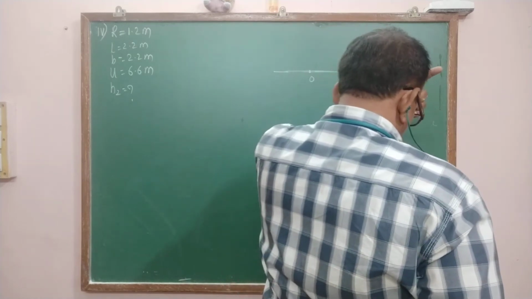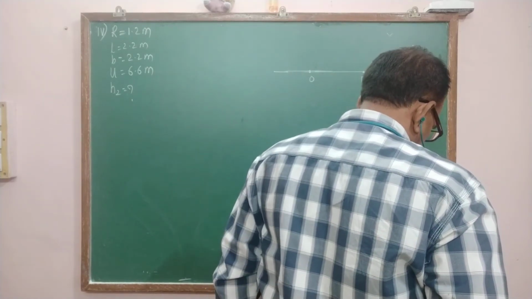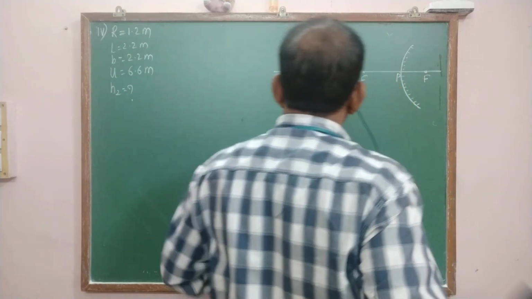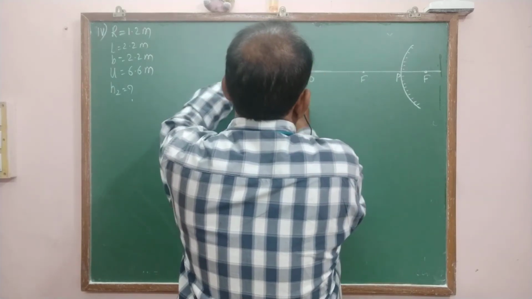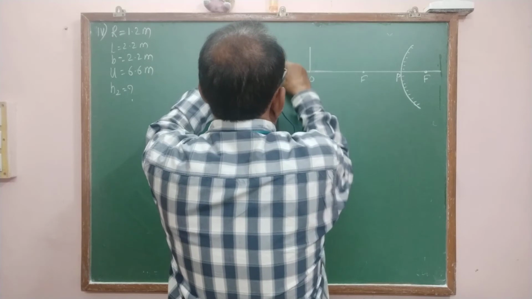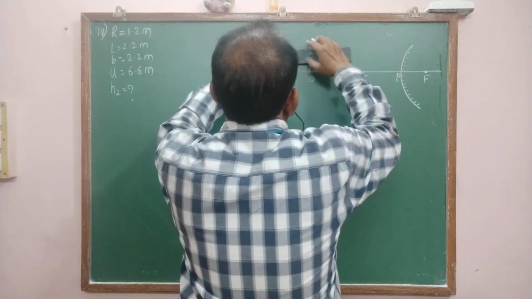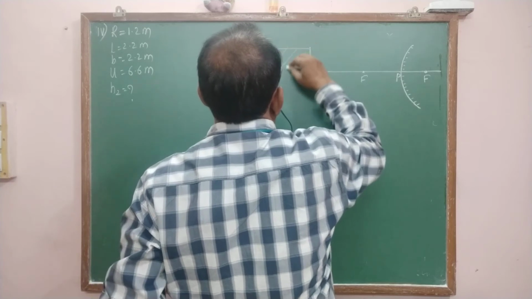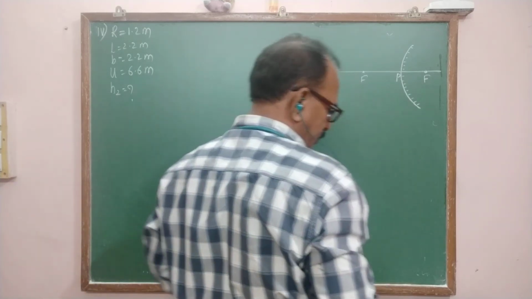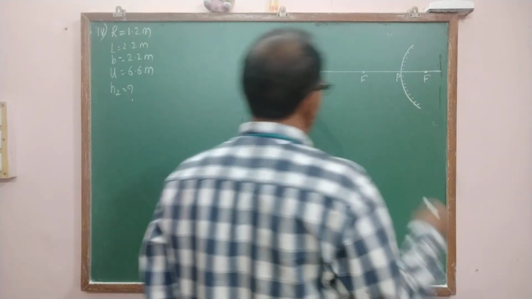The object is about how much? 6.6 meter. Like this, 2.2 meter length.